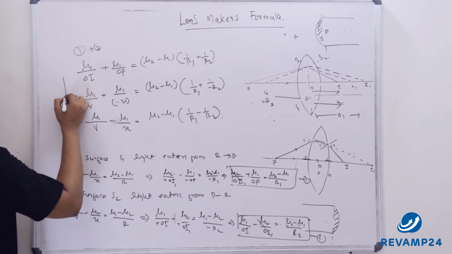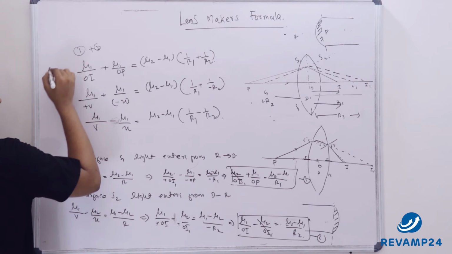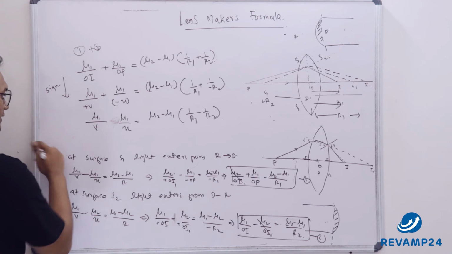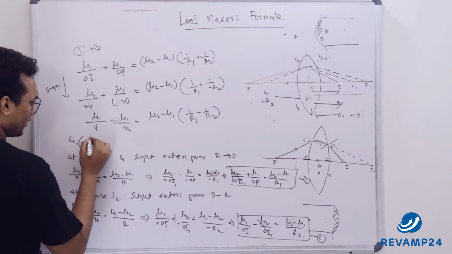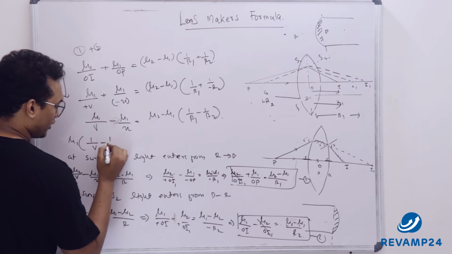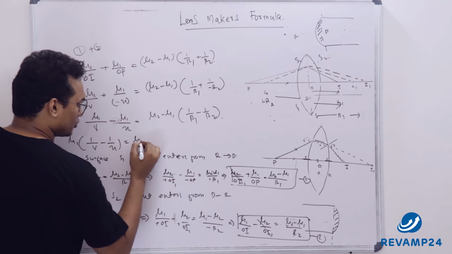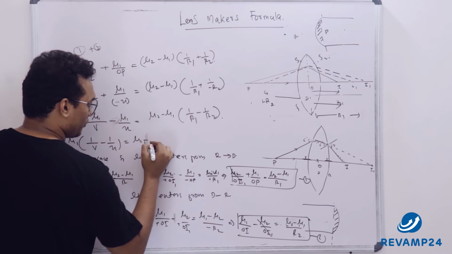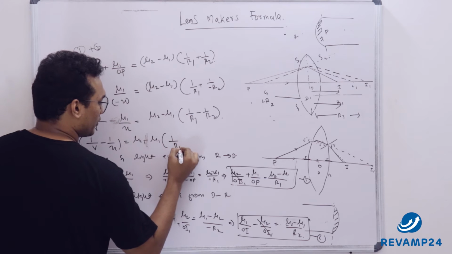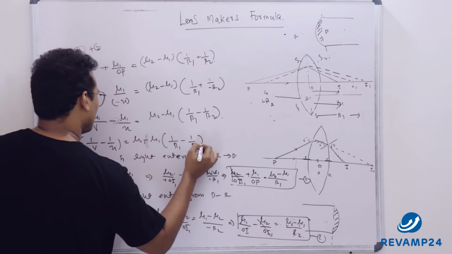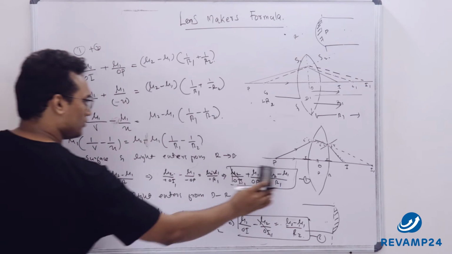So here I have applied the sign and substituted the value. Now I can take mu in common. So mu1 into 1 by v minus 1 by u is equal to mu2 minus mu1 into 1 by R1 minus 1 by R2.